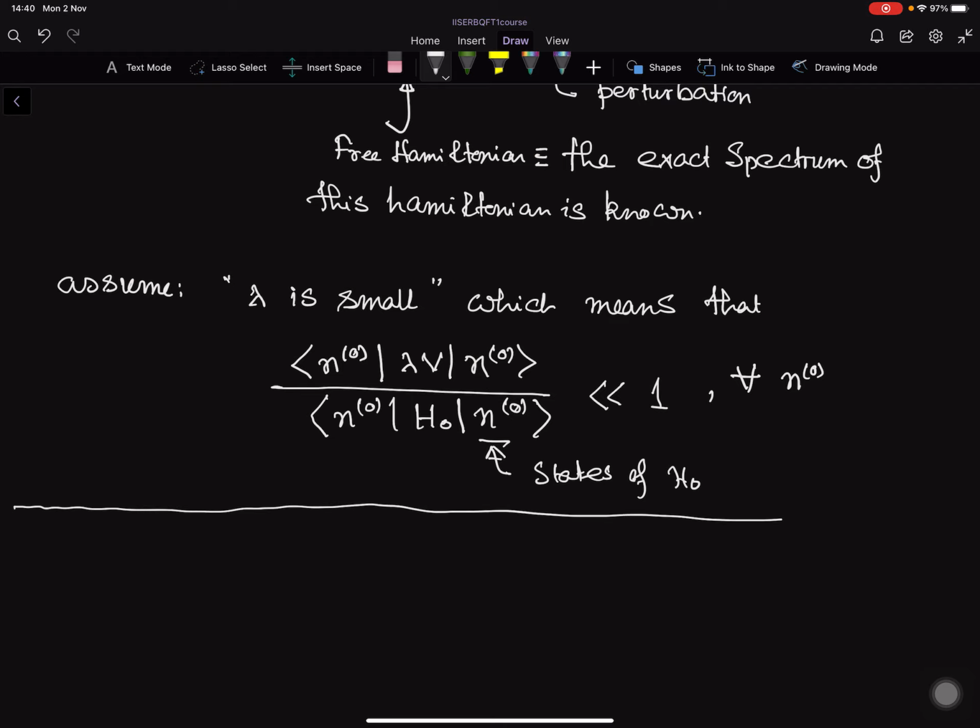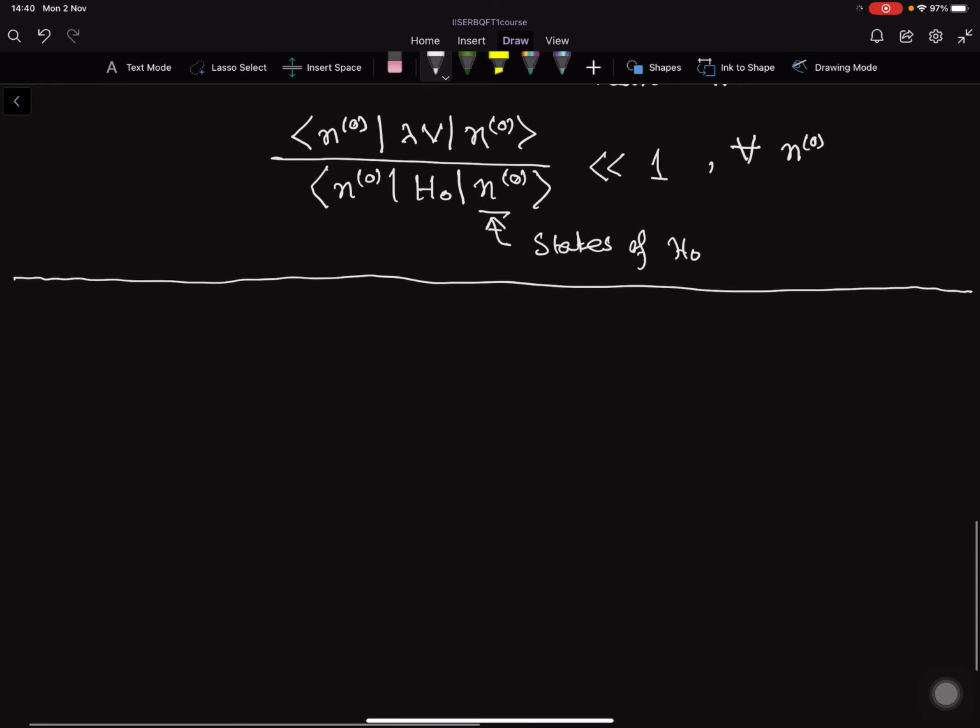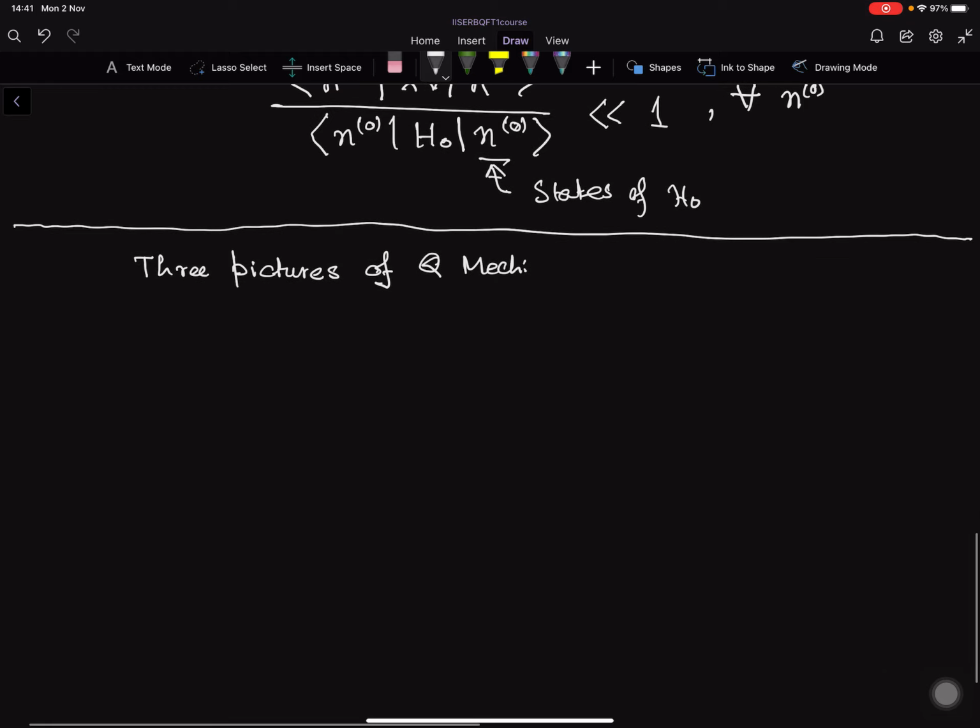So in that case, what do we do? In order to do that, let's first quickly review the 3 pictures of quantum mechanics. Okay, so we will of course elaborately discuss the 3rd picture, which is the interaction picture, but let's just quickly discuss the other 2 pictures.